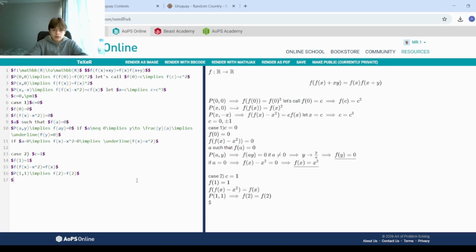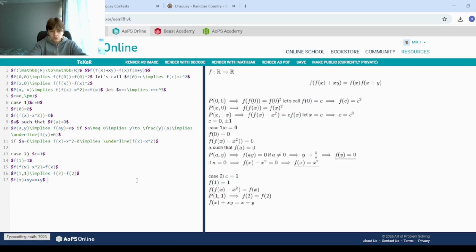We can try to force these two to be equal, and if this is true, then we get f(x) should be equal to 1.